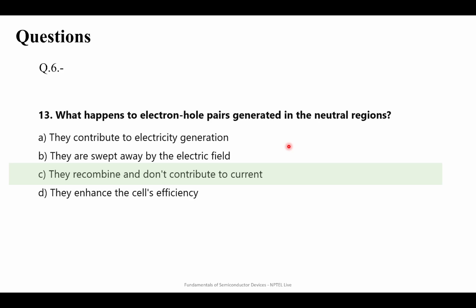We don't want that much p-type region and n-type region. We want the size of the p-type region and n-type region to be minimum, and our depletion region to be maximum.